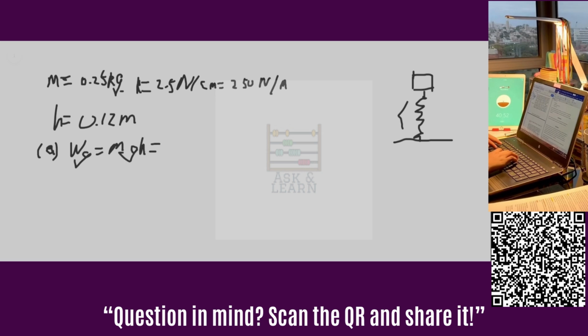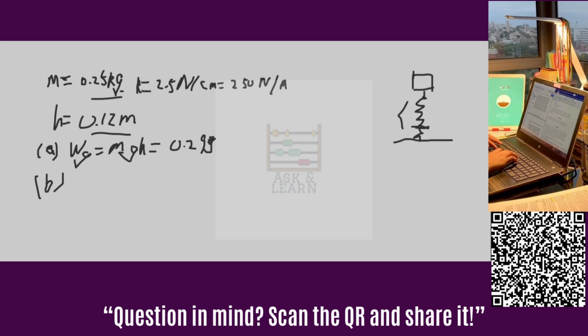The work done by the gravitational force is simply mgh. This is m, and g is the gravitational constant, and here's the h. So you can find out the value is 0.29 joules.